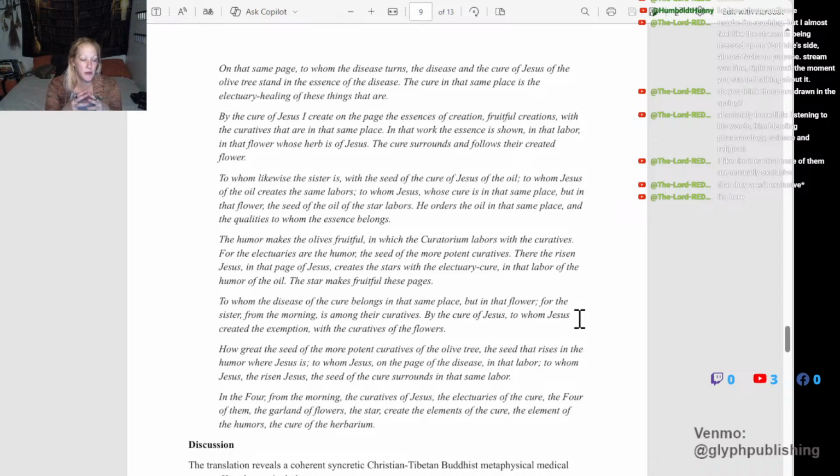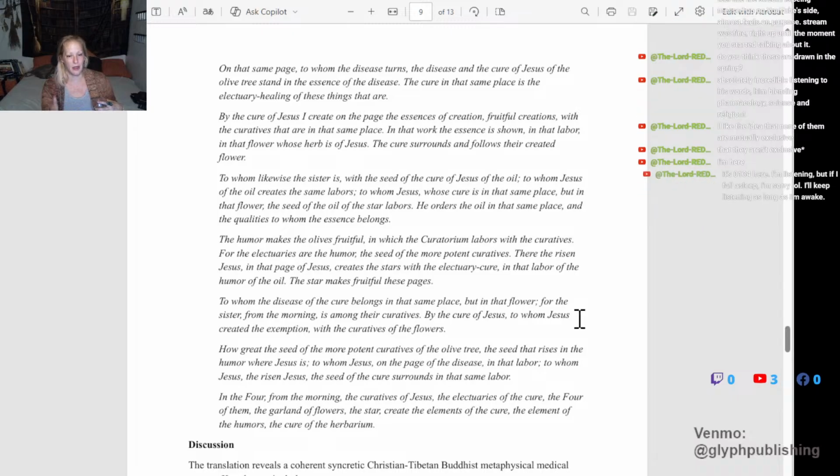To whom the disease of the cure belongs, meaning the patient, mourning, and is among the curatives. And by the cure of Jesus, to whom Jesus created the exemption, or the selection, I should say selection, with the curatives of the flowers. How great the seed of the more potent curatives of the olive tree, the seed that rises in the humor where Jesus is, to whom Jesus, on the page of the disease, in that labor, to whom, for whom, by whom, so it gets a little choppy.